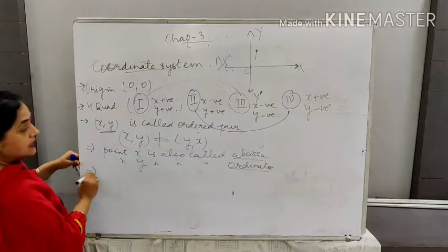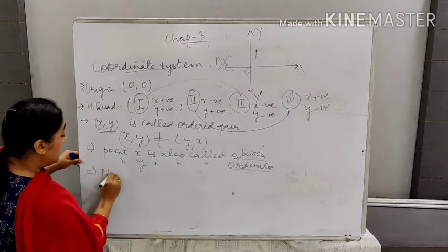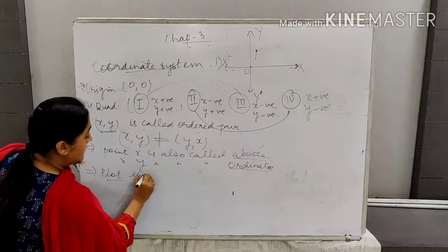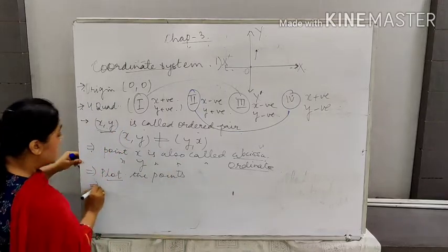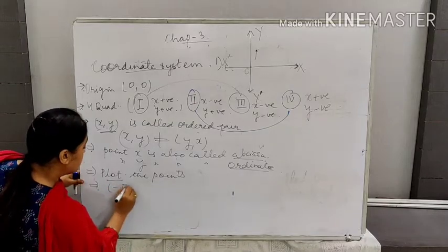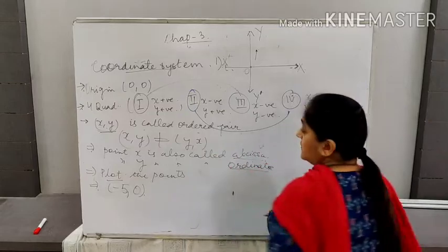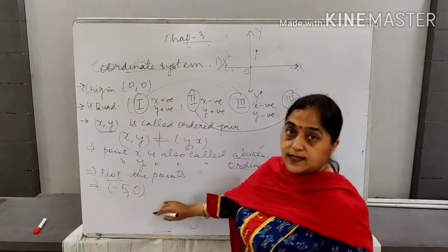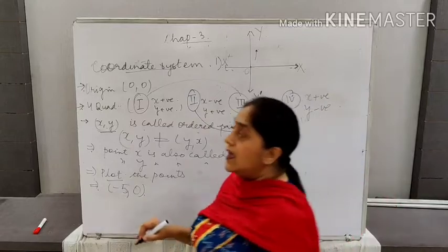Next, we discussed about plotting of the points. This we have discussed in detail. Next point, what I want to tell you, suppose I have a point -5, 0. Please check it out. Now this is the last point which I had to discuss, and please pay attention here.